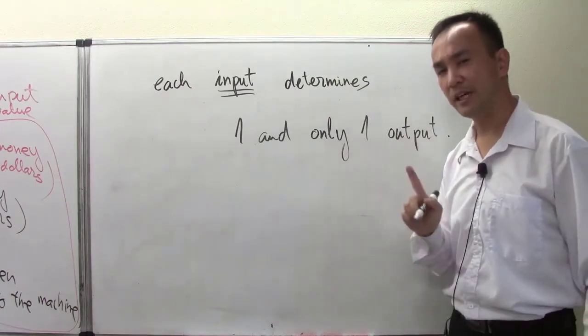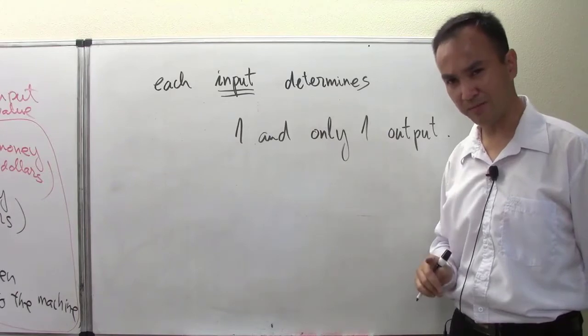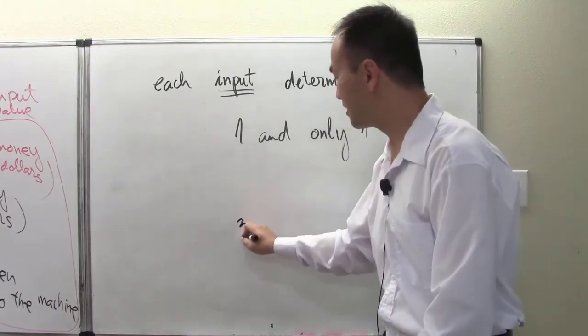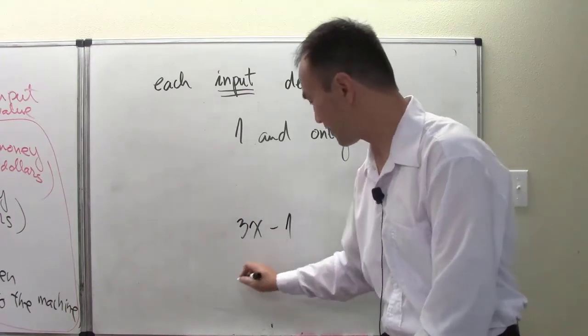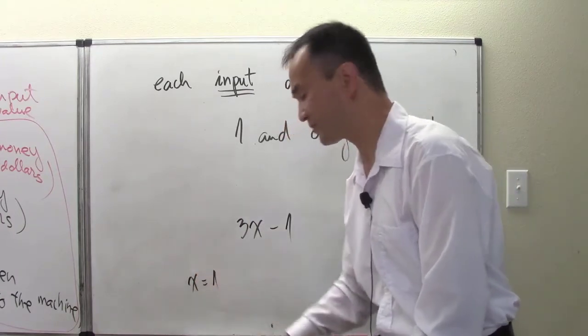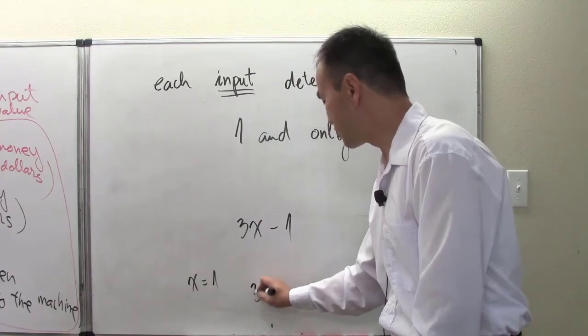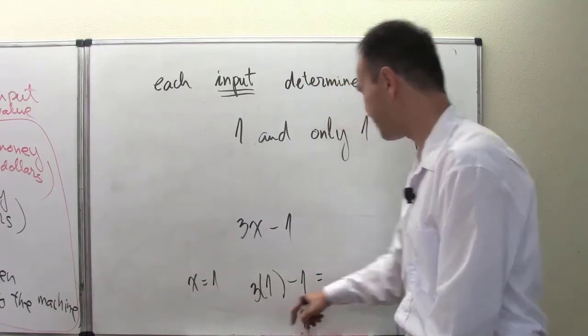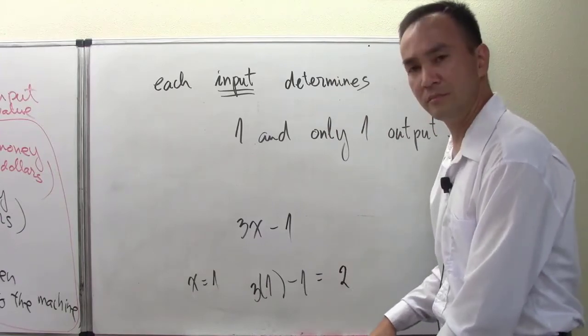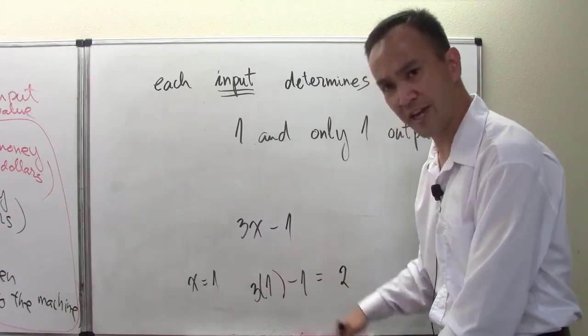All right, each input. So any of the problems I've done earlier, including the expression 3x minus 1 that I brought up before I erased it. You're giving one input, x equals 1. 3 times 1 minus 1 equals 2. The calculations say so.